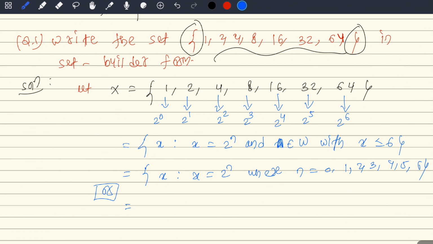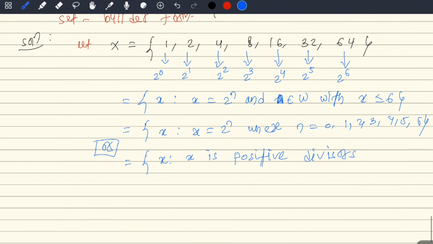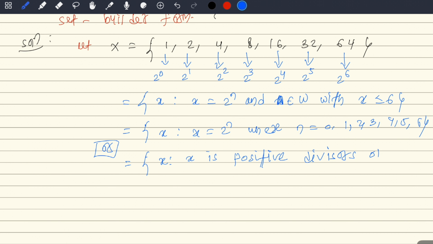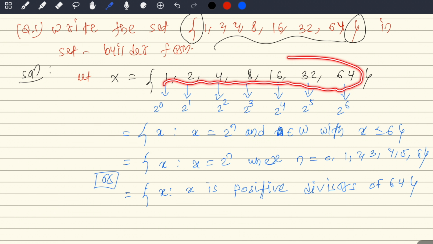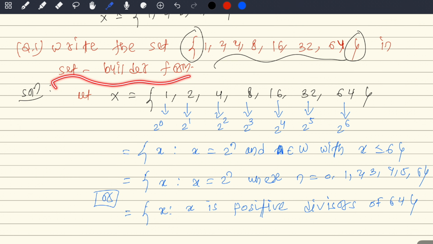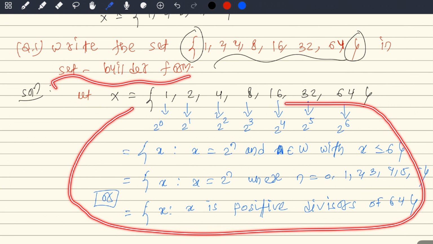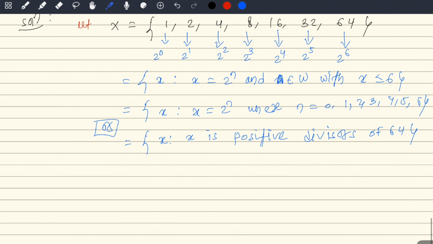Another way is x such that x is a positive divisor of 64. Clearly these are all positive divisors of 64, right? So that means set builder form cannot be unique, but roster form is always unique.